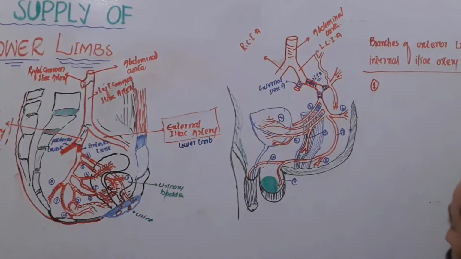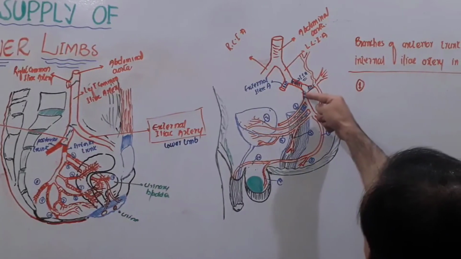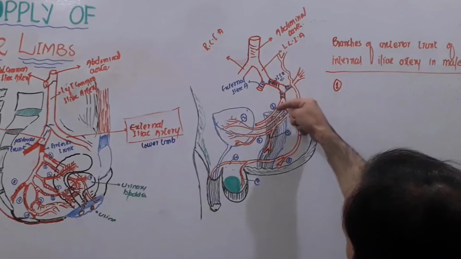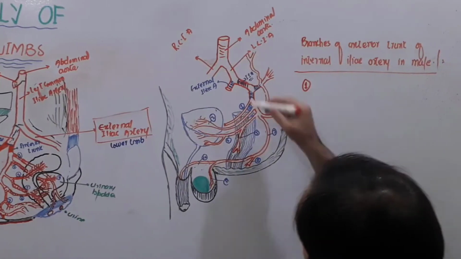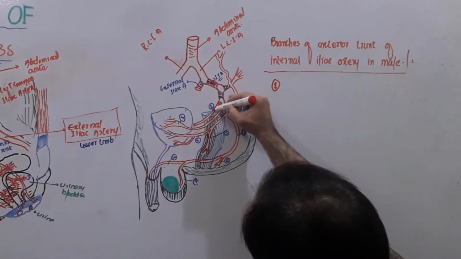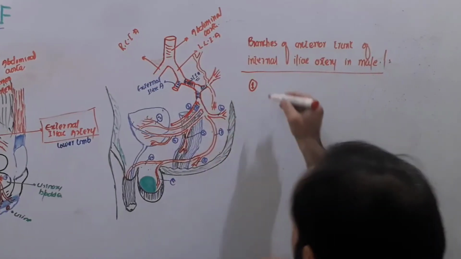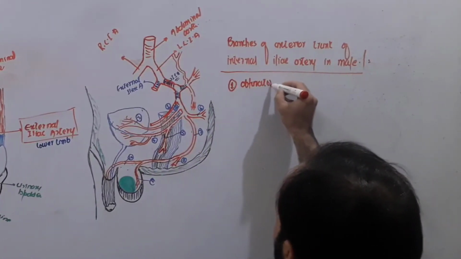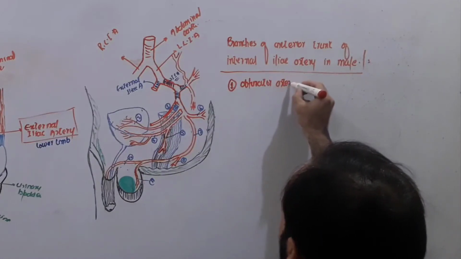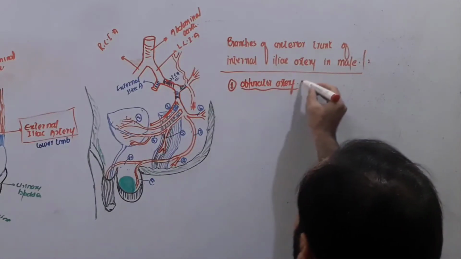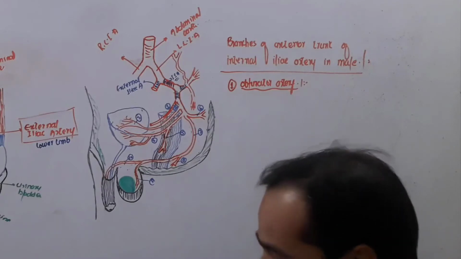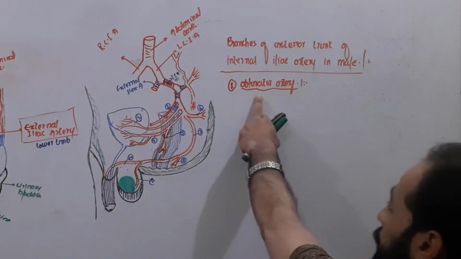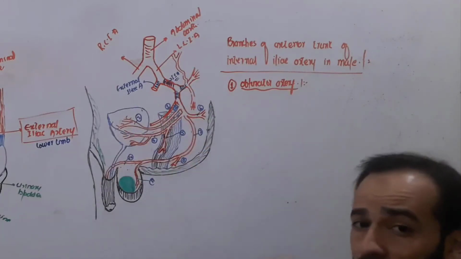The first branch that arises from the anterior trunk of the internal iliac artery is the obturator artery. Let me write it here. I will tell you which part of the pelvis is supplied by this artery.